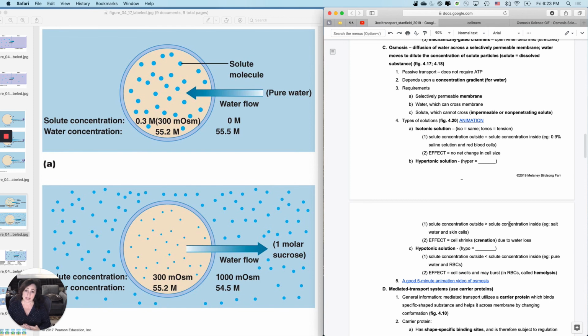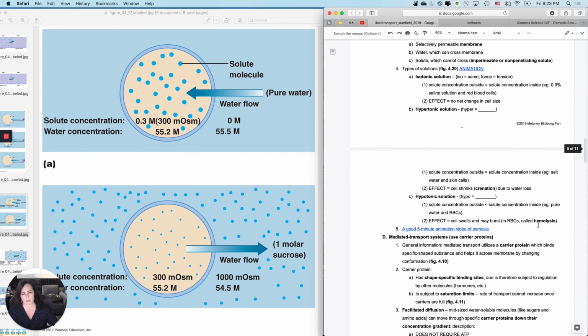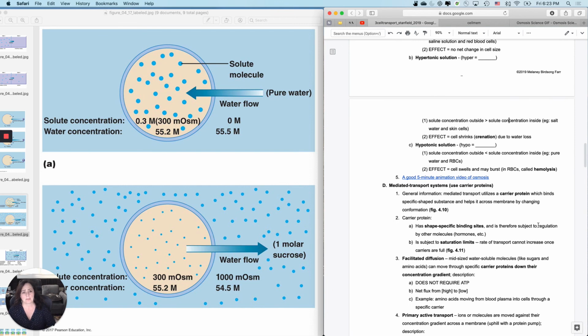And as it does that, you end up losing more of your body water. So although you may think you're quenching your thirst, you're ending up dehydrating yourself. It's also the reason why when you spend a lot of time in salt water, your skin can get really dried out.